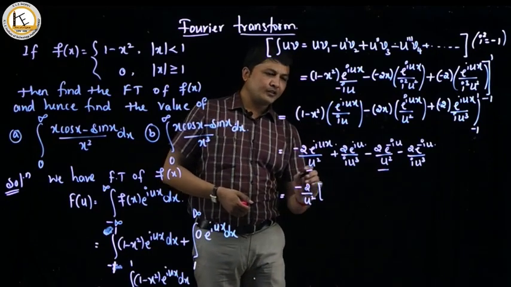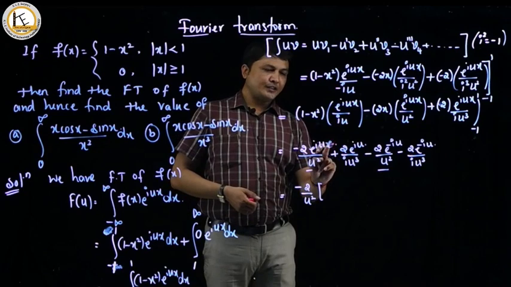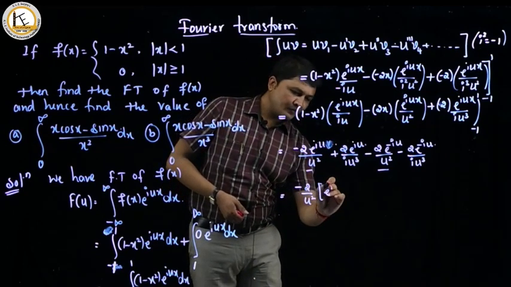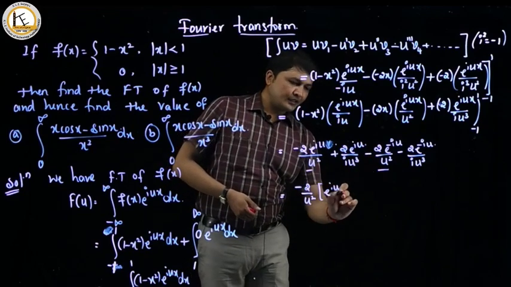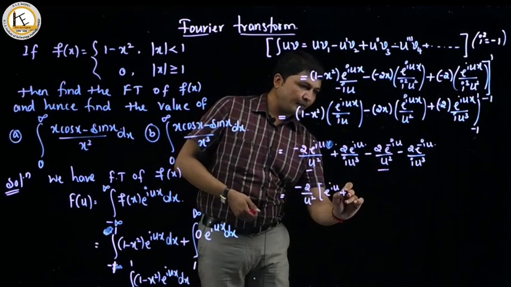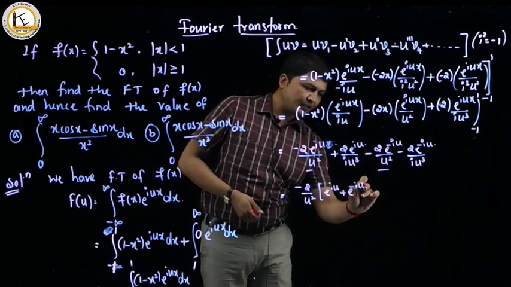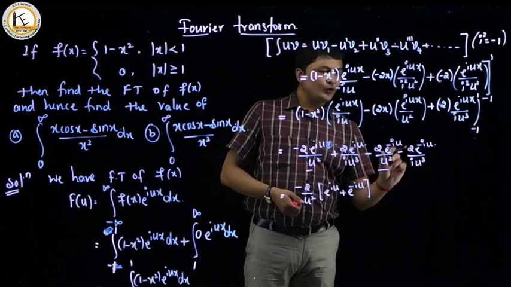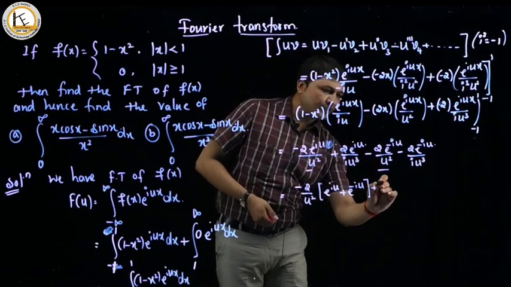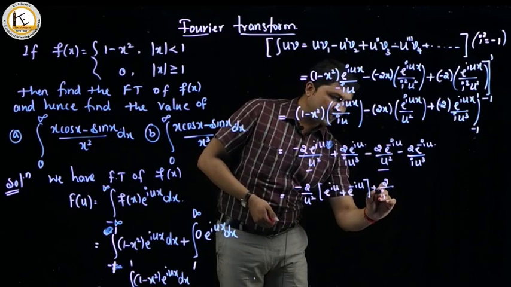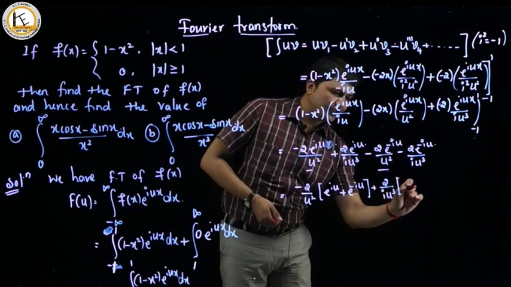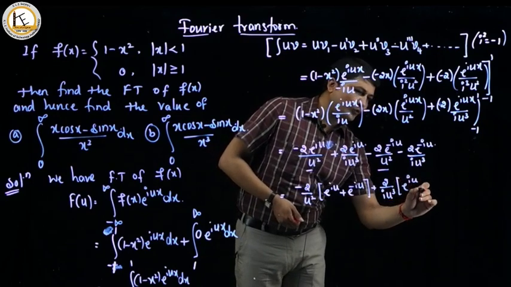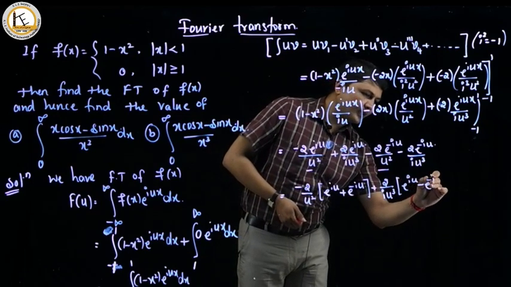Taking it out, and since we have substituted x equal to 1, it becomes e raised to iu plus e raised to minus iu. And from the second and fourth term we have 2 by i into u cube common. So inside the bracket it will be e raised to iu minus e raised to minus iu.